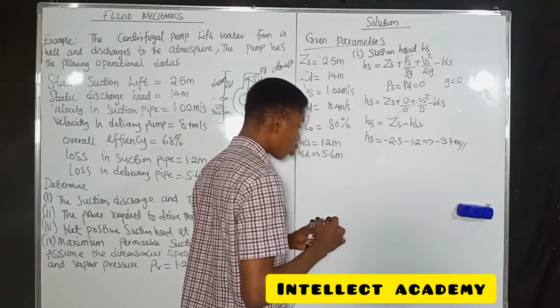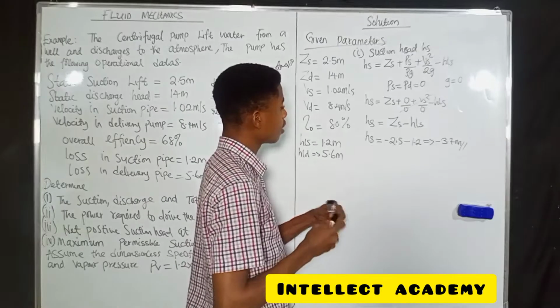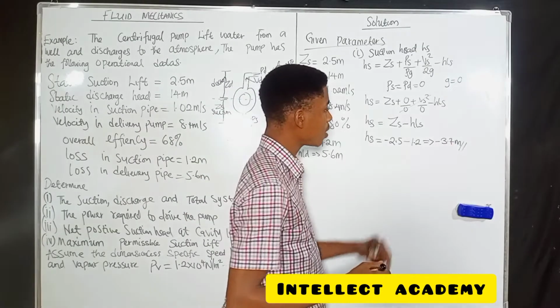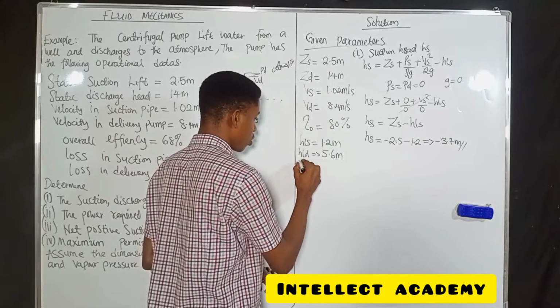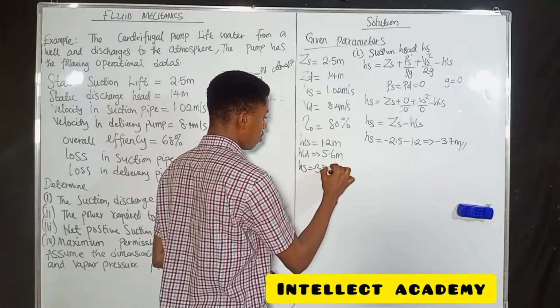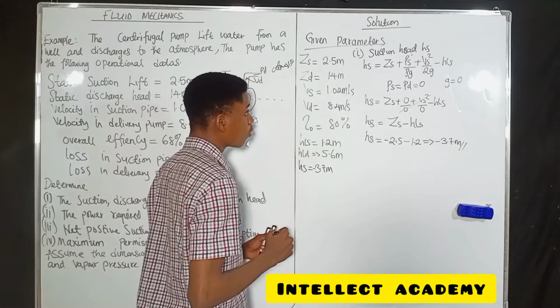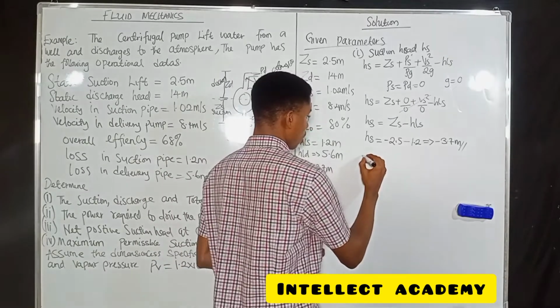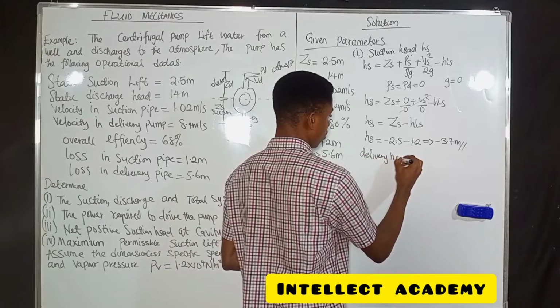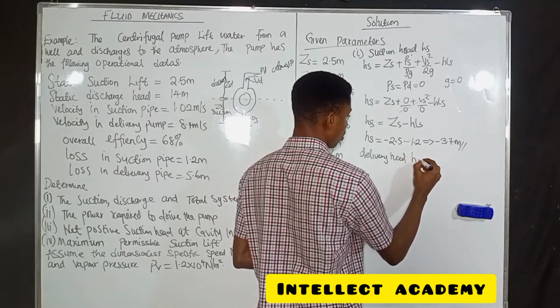So this is our suction head. In this case, our suction head is given by 3.7 meters. So we have our suction head HS to be negative 3.7 meters. So now let's look for our delivery head given by HD.